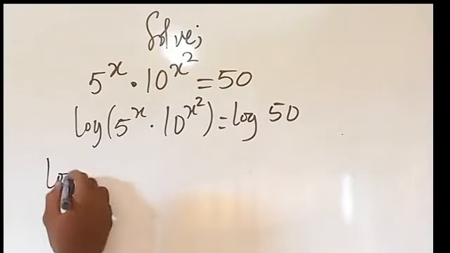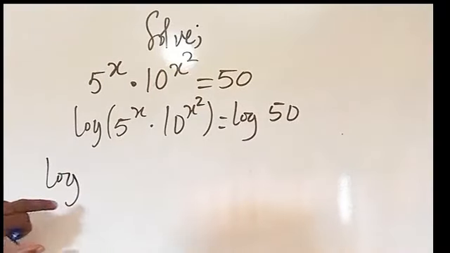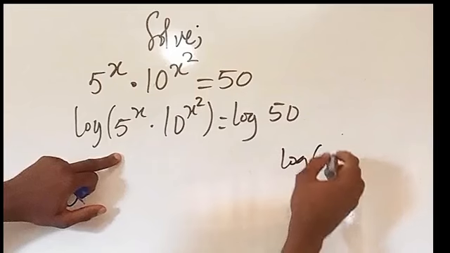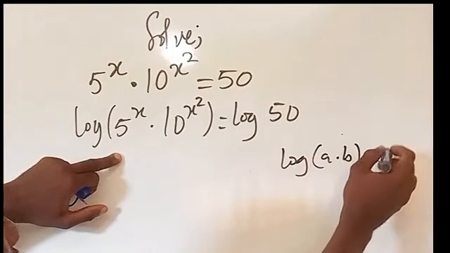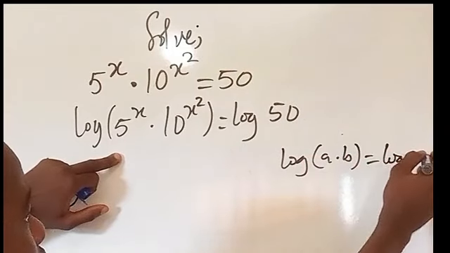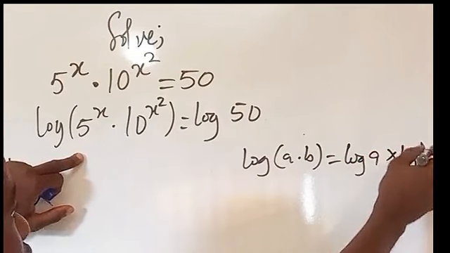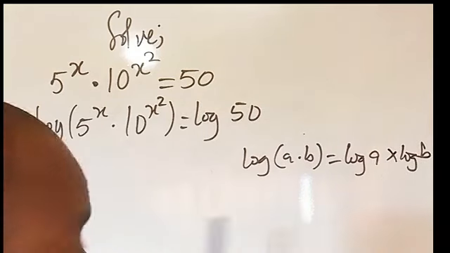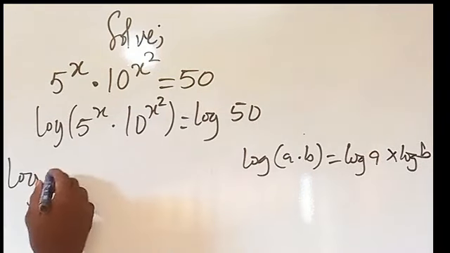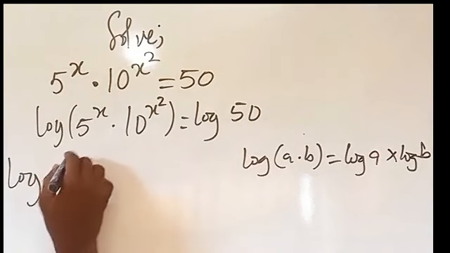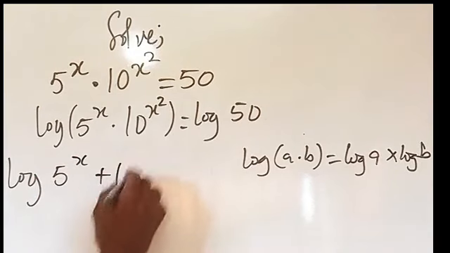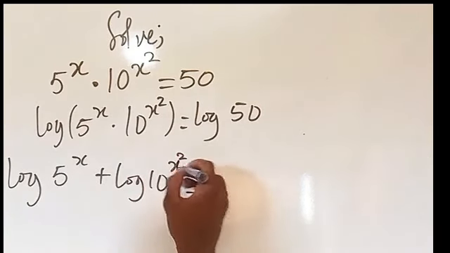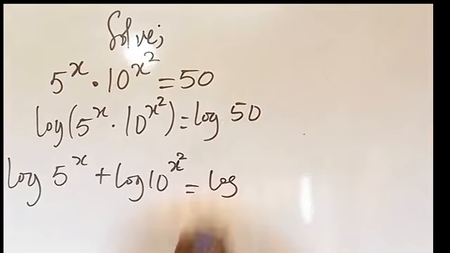So now from there we have log. From the law of logarithm, when you have log of a multiplied by b, this will be log a plus log b. I believe you remember that. So we're going to use this here. This is going to be log 5^x plus log 10^(x²) equals log 50.